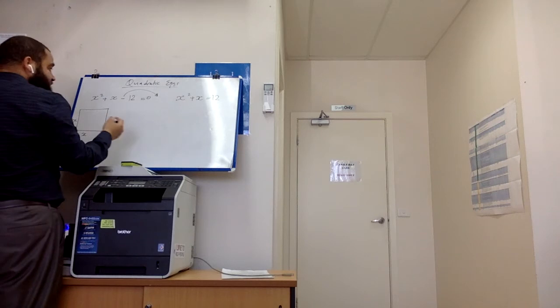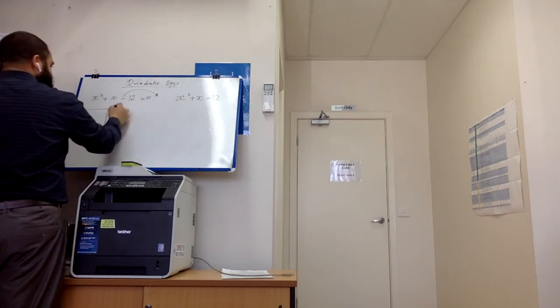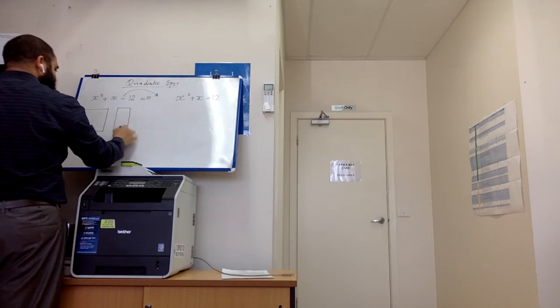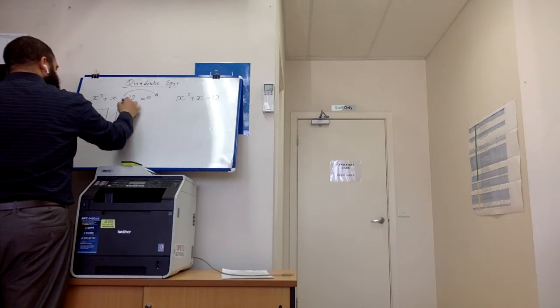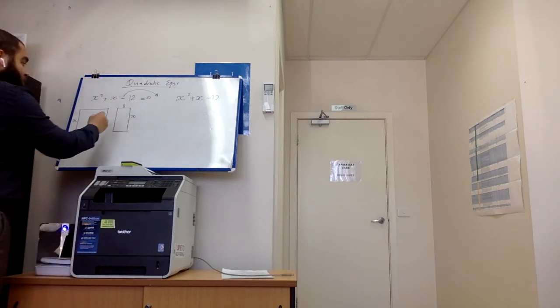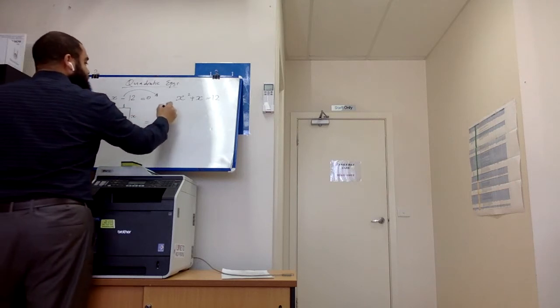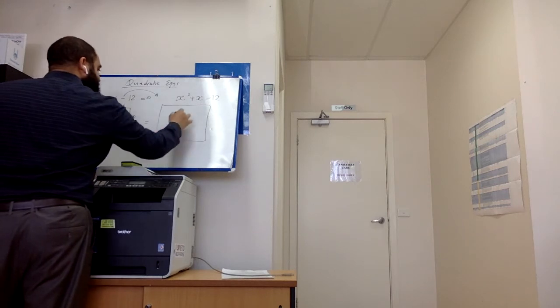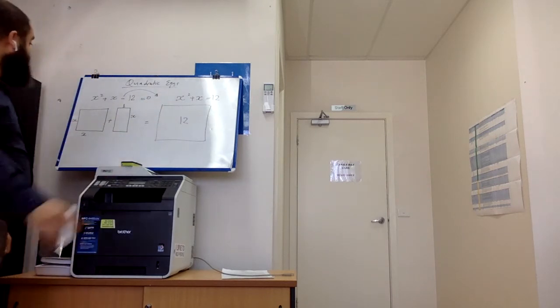So I can say x times 1. So this is x, the same as this size, and this is 1. Equals 12. It doesn't matter the size of the 12, 4 times 3, 12 times 1, it doesn't matter for me.